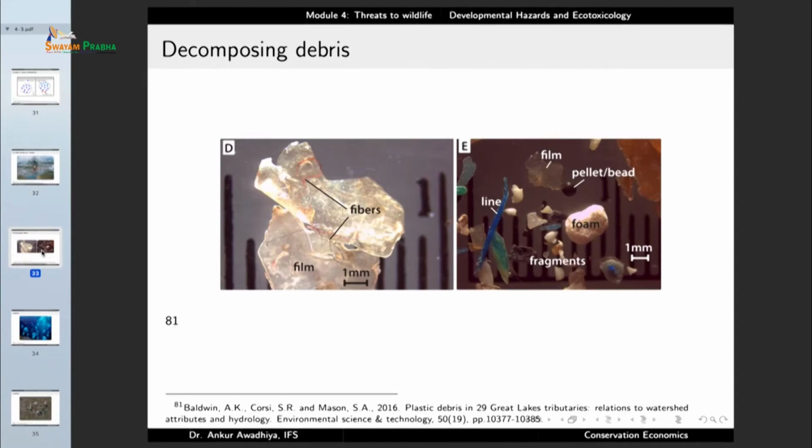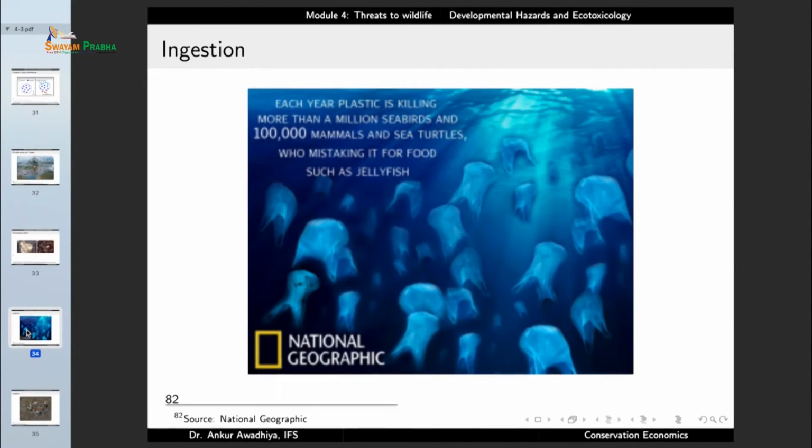The trash that we are putting into the environment, even if it gets degraded, is still trash. So we have smaller fragments of plastics that we are finding everywhere. And there are a number of organisms that mistake plastics for their food. These plastic bags look like jellyfish.